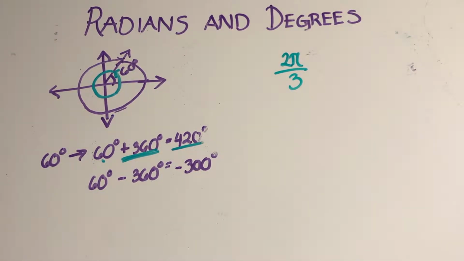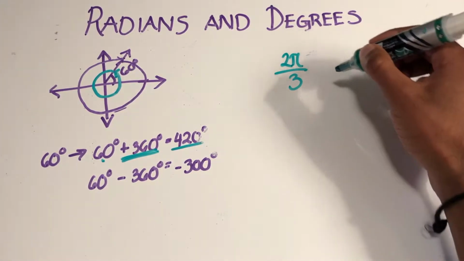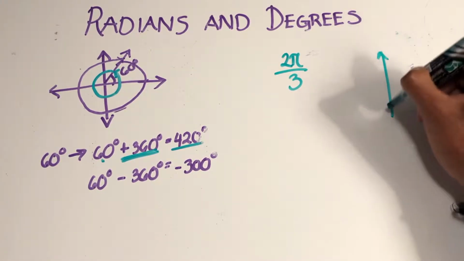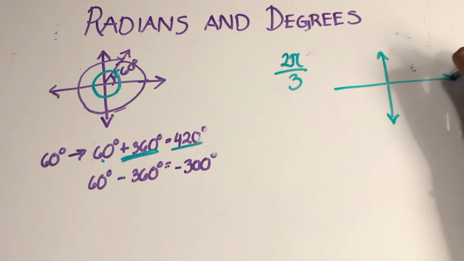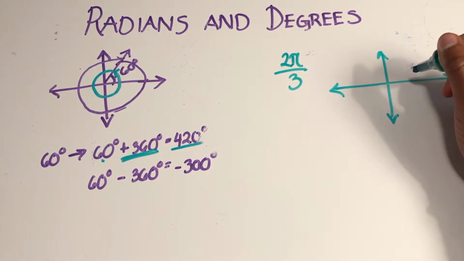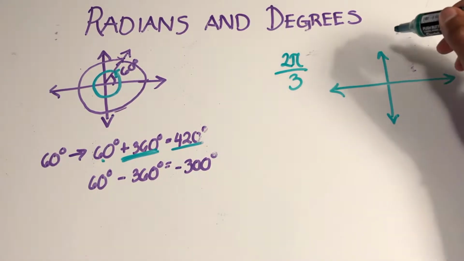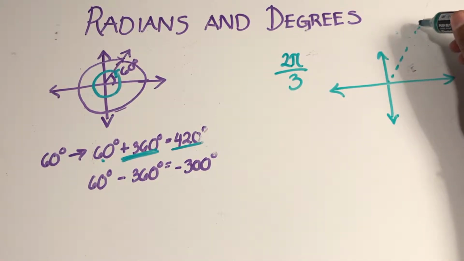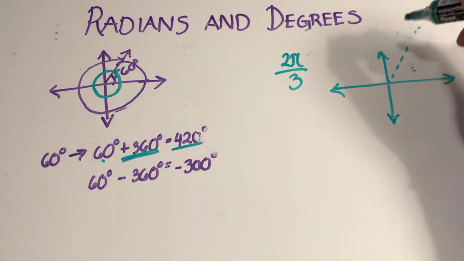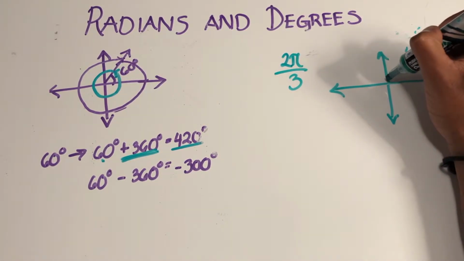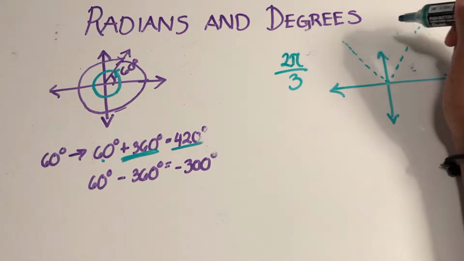Now, 2 pi over 3 on a graph would be somewhere, if pi over 3 was right here, which is 60 degrees, then 2 pi over 3, another 60 degrees, would be 120, which is still before 180, so it would be somewhere here.